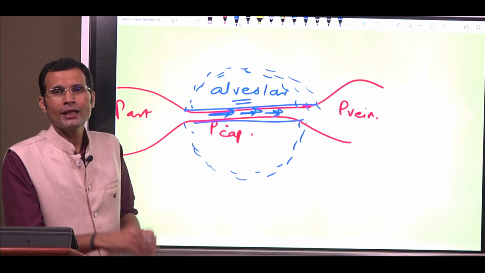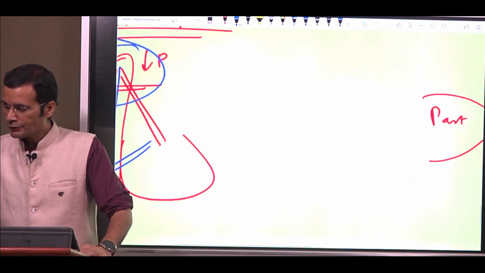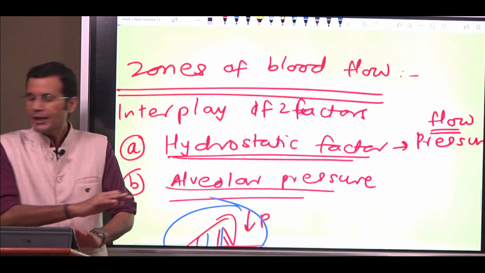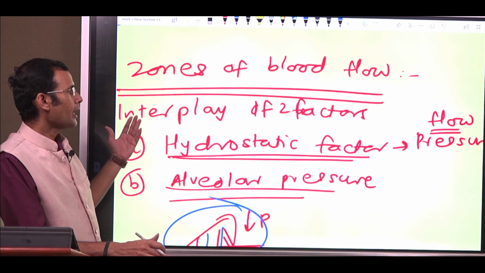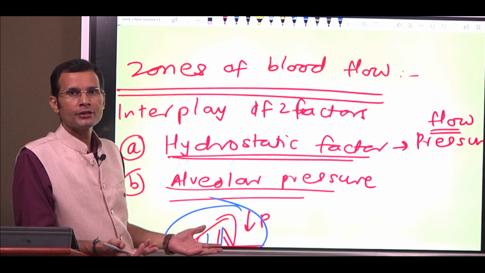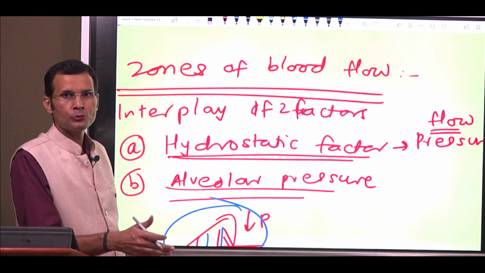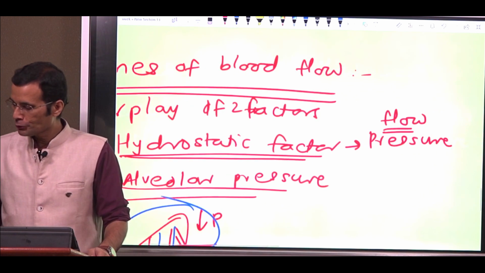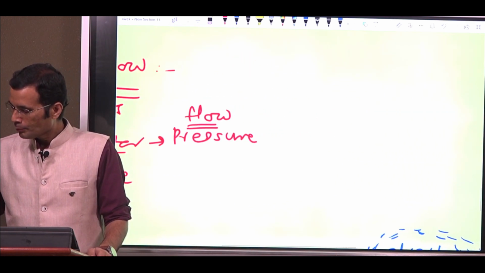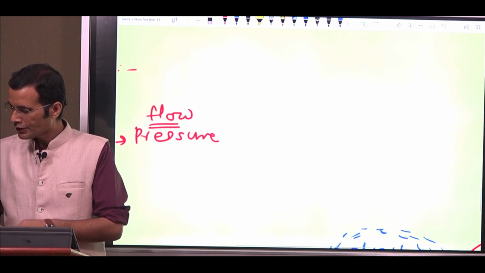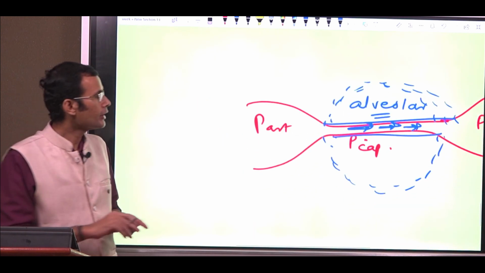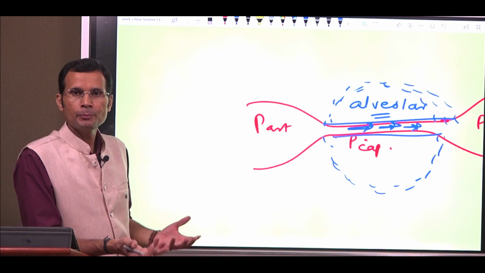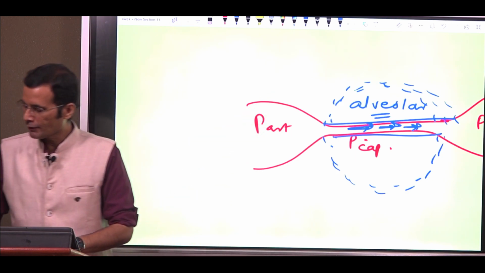That's where I said it's the interplay of two factors: the hydrostatic factor, the gravitational force that causes the pressure to be either low or high, and the surrounding alveolar pressure. So you need to understand that blood vessels have a certain pressure and the surrounding alveoli have a certain pressure, and that's the interplay that I was referring to.